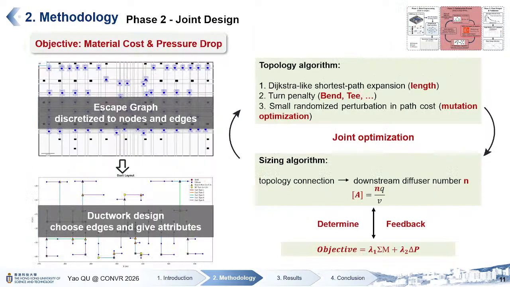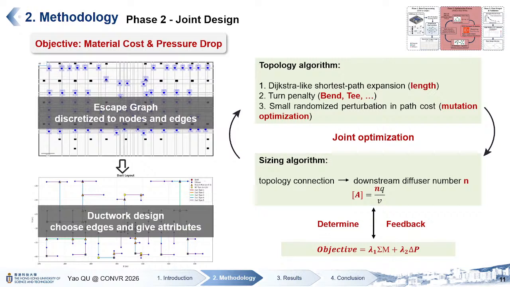For the phase 2 optimization, first is the joint design. For the escape graph, which is described by nodes and edges, what we need to do is choose the edges and give attributes to them to realize the objective of ductwork design.